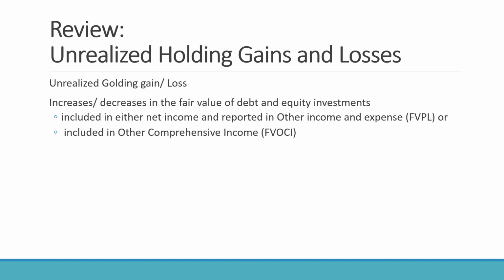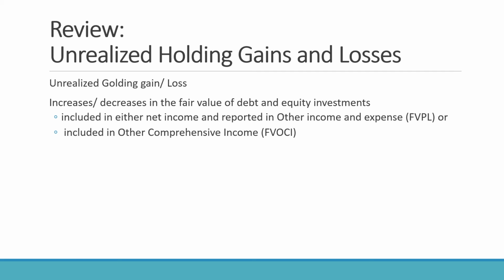So we've said that the fair value measurement principle says that if you can get a readily available, reliable estimate of fair value, you want to adjust your assets and liabilities to fair value. When we make these adjustments, we record them as unrealized holding gains and losses.